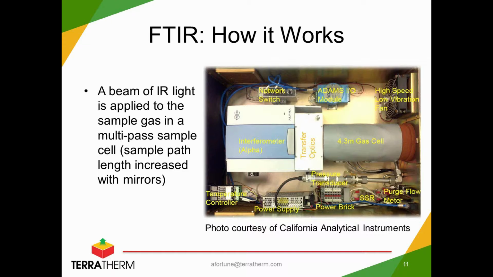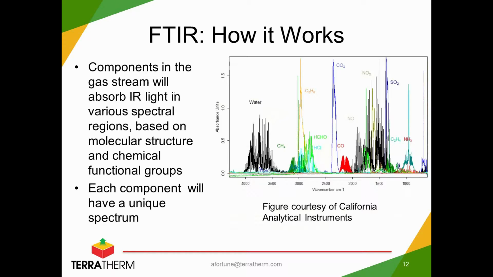There's a bunch of other optics and things in there that are transforming that information into concentration, base, power supply, pressure transducers, etc. But the basics of it are the gas is flowing through that gas cell, there's a beam of infrared light applied, and the path length is increased with the sample mirrors. The infrared light will absorb in different regions.